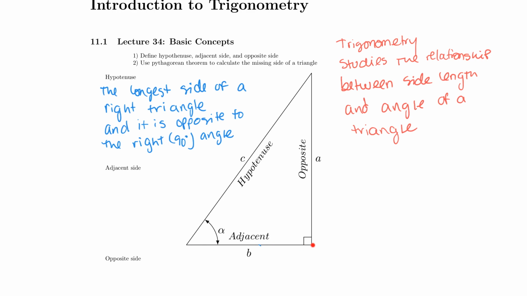Because this is the side of this right triangle that touches the angle that we are evaluating, in this case, alpha. So adjacent side is the side of the triangle that touches, or it is, like the word says, adjacent to the angle alpha. Okay, so let's write that down.